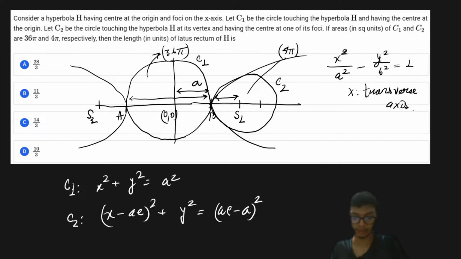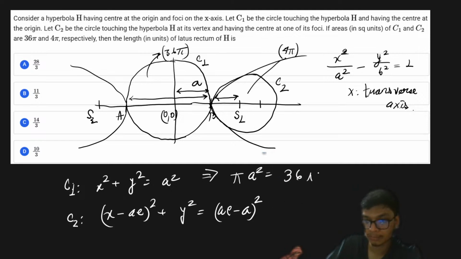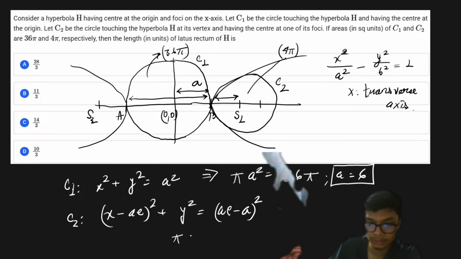Now we just need to solve for these two circles. It is said that the vertex is one of the points lying on the circle. Now I have the area. From here I can find out the value of a, because I know the area of the circle C1, which is pi into a square equal to 36 pi. So I have the value of a as 6. And from the circle C2, I have pi into (ae minus a) whole square is equal to 4 pi.